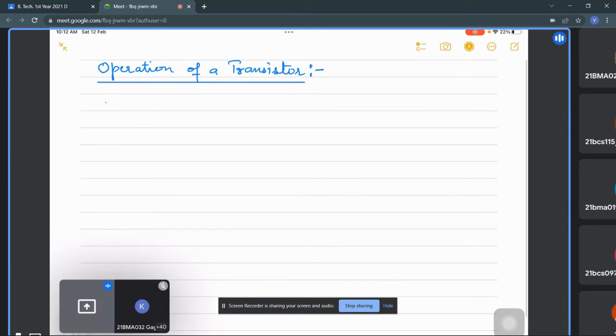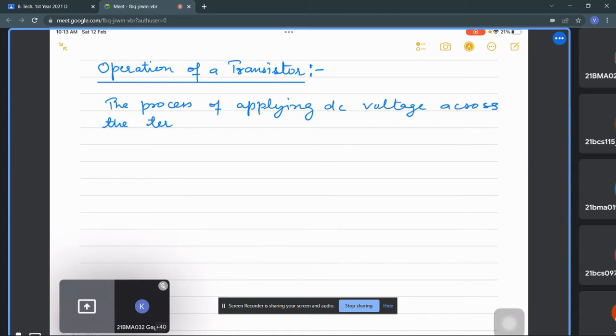So the process of applying DC voltages across the different terminals of a transistor is called biasing.